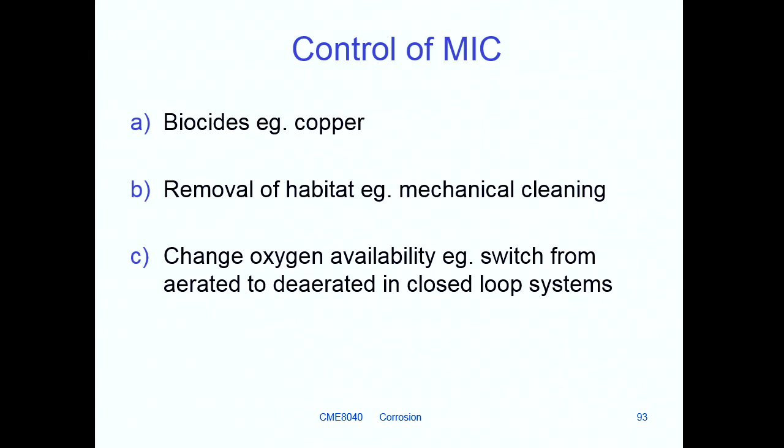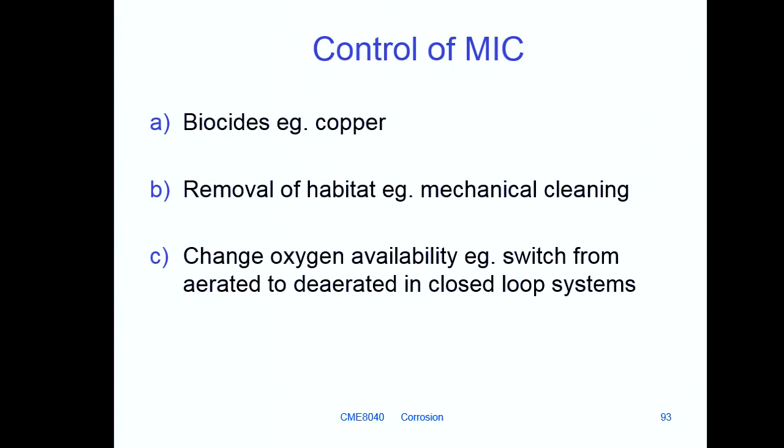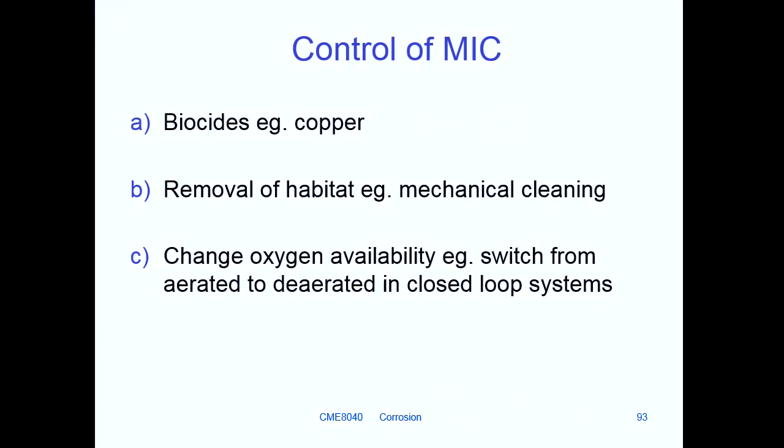That's okay, but the trouble with bacteria is they tend to grow quite quickly and they breed quite fast. So you're always working against the reappearance of the bacteria. In some ways, particularly in a closed loop system, if you can actually clean and sterilize the whole system, then you start from scratch again.